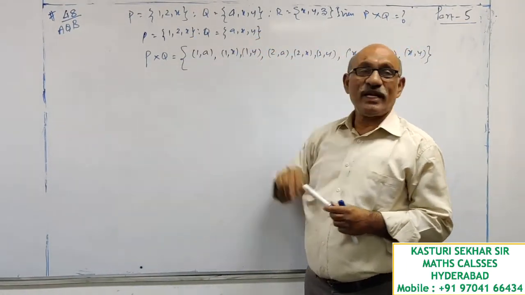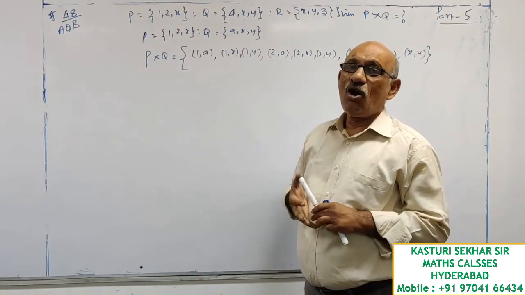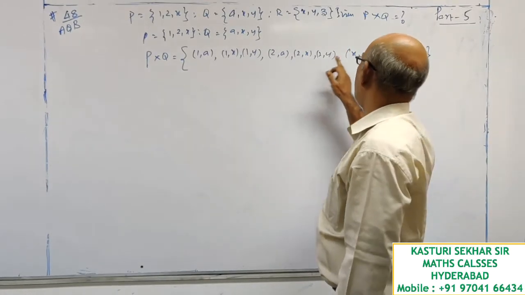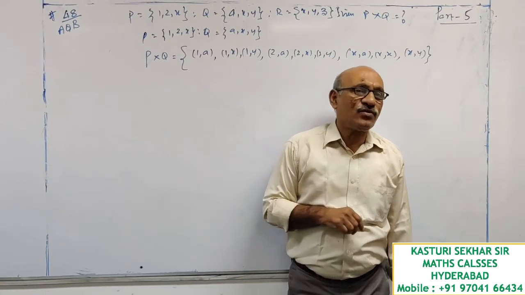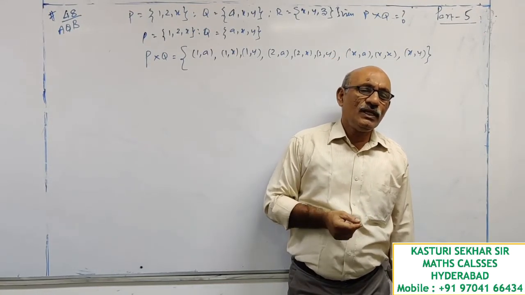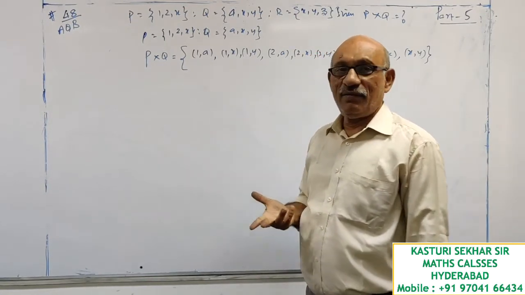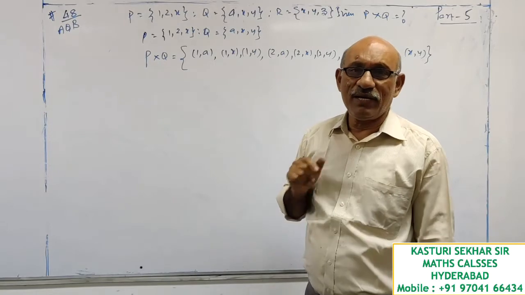Set P has three elements. Set Q has three elements. How many ordered pairs will you get? 1, 2, 3, 4, 5, 6, 7, 8, 9. So how many elements does the set P cross Q have? 9 elements. It means the number of elements in set P and in set Q are multiplied.